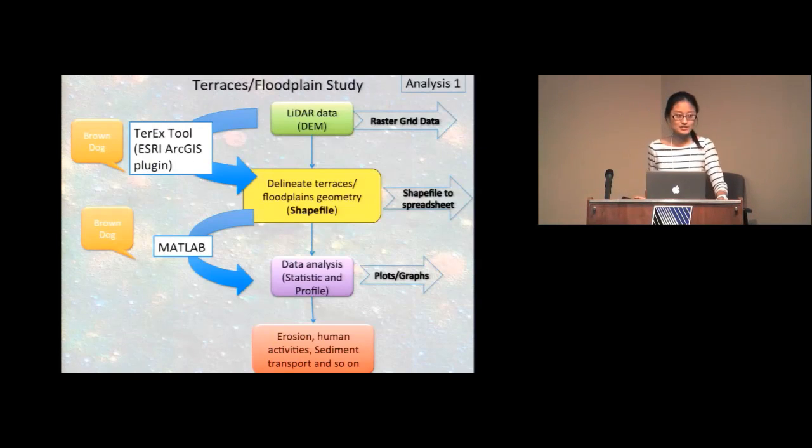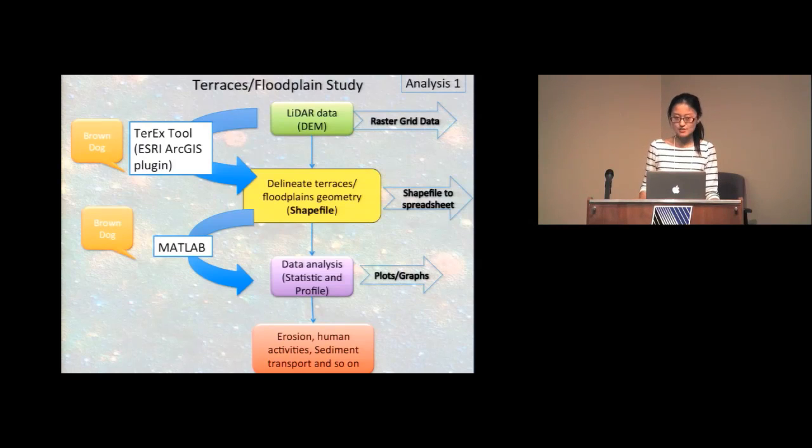And now this is my first example to show you how Brown Dog can help me conduct my research. My input data is LiDAR, which is in raster grid format, and I used T2 to help me generate the relatively flat polygons inside the river valley, which are called terraces or floodplain.